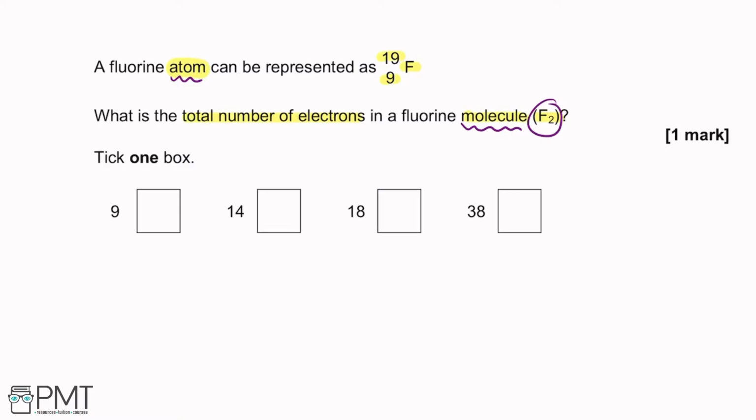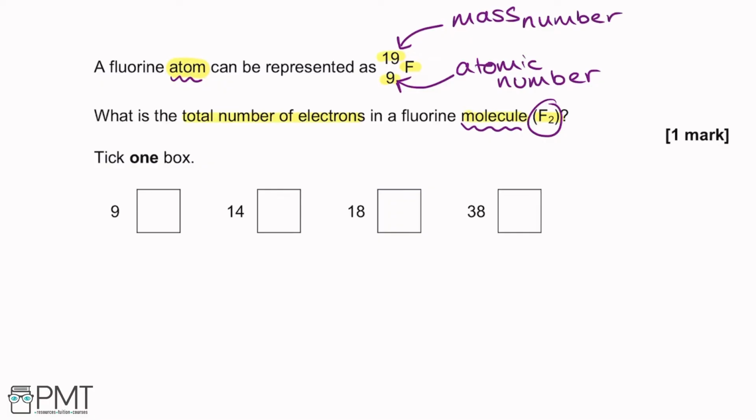So, let's have a little look at this. So, what does this tell us? Well, this smaller number, the 9, is our atomic number. Okay, and our atomic number tells us the number of protons. The bigger number, the one on top, is the mass number. Okay, and the mass number tells us the number of protons added to the number of neutrons.